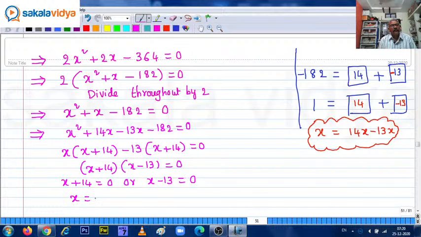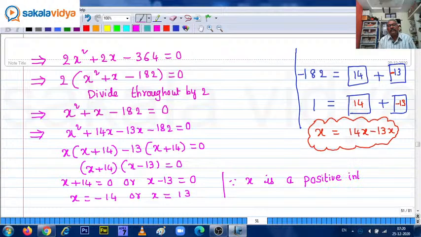So x is equal to negative 14 or x is equal to 13. But since x is a positive integer according to the problem, x equal to minus 14 should be discarded, rejected. So x is equal to 13 we need to take. X equal to minus 14 is rejected, discarded, or inadmissible.